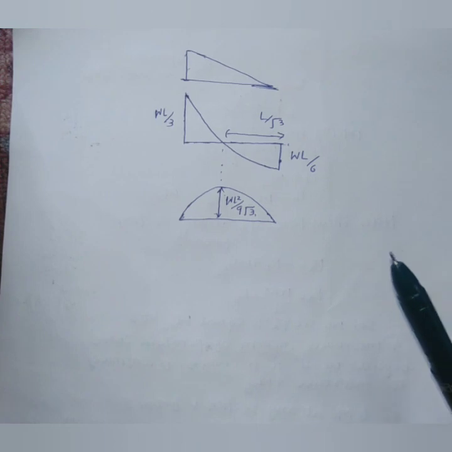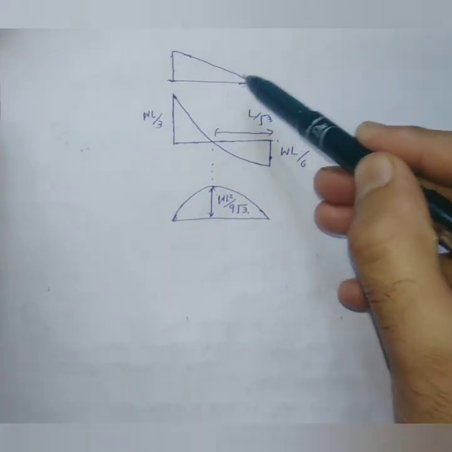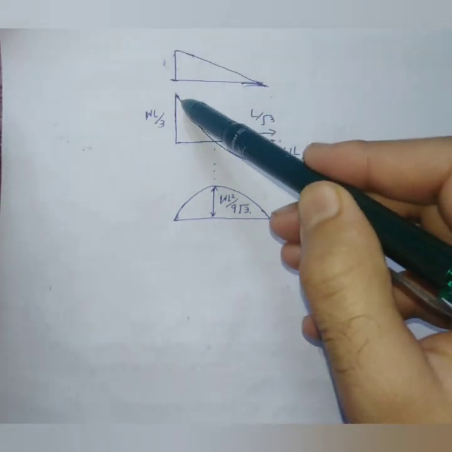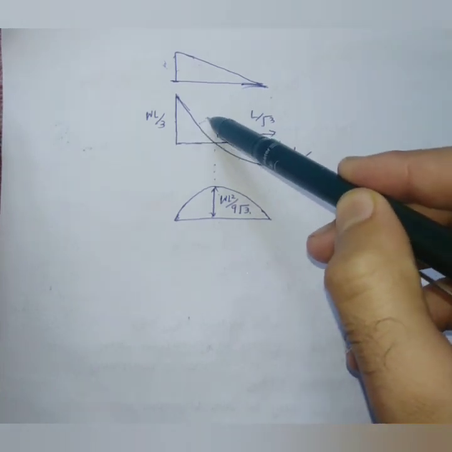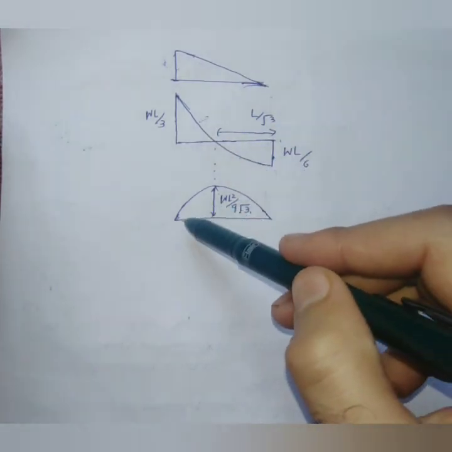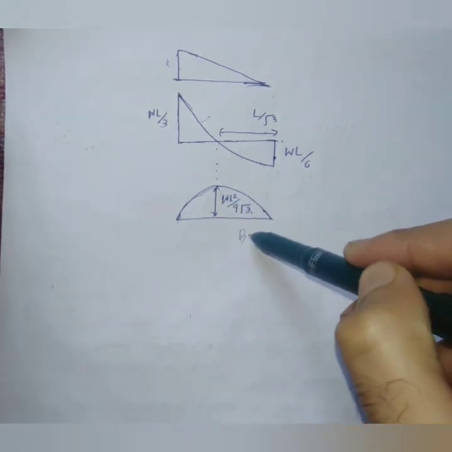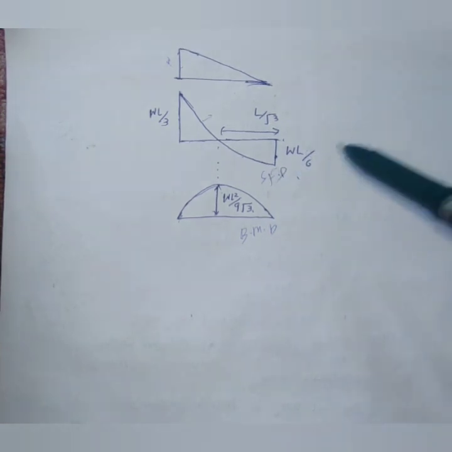Now, looking at the diagrams, here it is load UVL, w per unit length. The shear force diagram will be this, already I have spoken, it is parabolic, and this will be the cubic bending moment diagram, BMD, and this will be SFD. I hope you have got this.